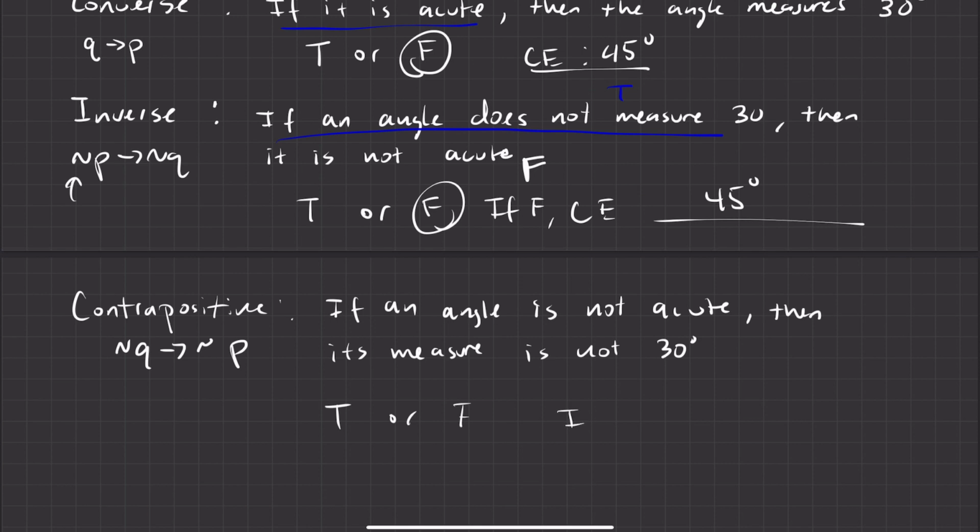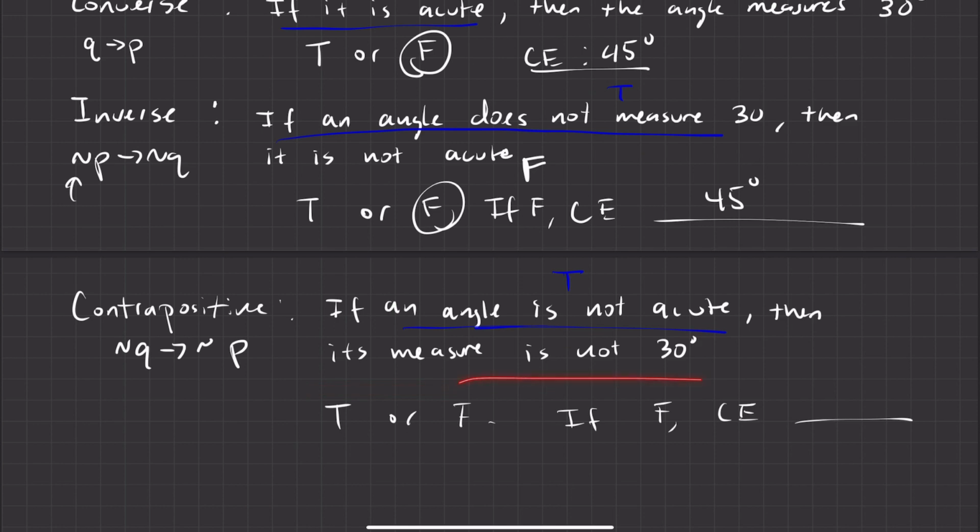So looking at this, is the conditional true or false? If false, provide a counterexample. Okay, so if an angle is not acute, can an angle not be acute? Yes, that's true. That's fine. Does that imply that its measure is not 30 degrees? Well, if an angle is not acute, y'all, then of course it's not going to be 30 degrees.